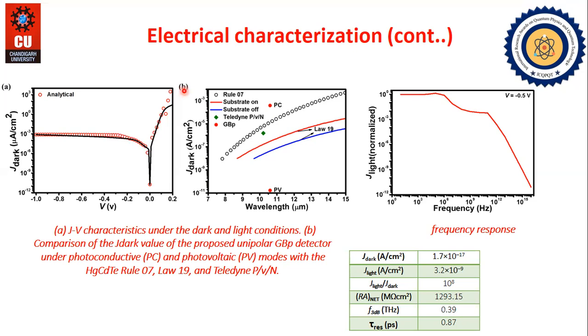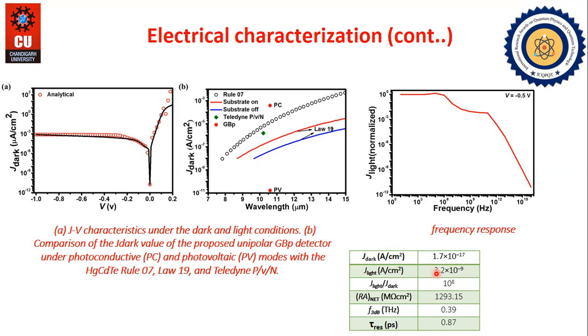The proposed unipolar detector shows a dark current density of 1.7 times 10 to the minus 17 ampere per centimeter square, whereas the light current density is found to be 3.2 times 10 to the minus 9 ampere per centimeter square. The ratio of the photocurrent density to the dark current density is found to be 10 to the 8, which is much higher.